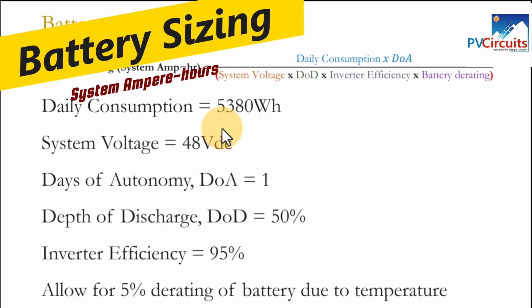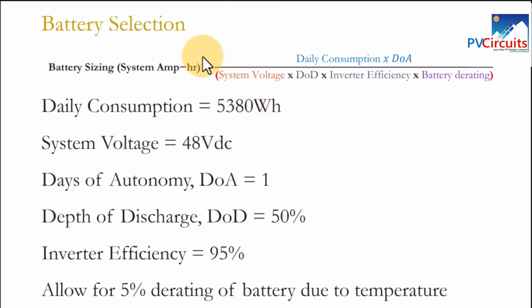The battery sizing, the system ampere hours, is governed by this equation here, which is daily consumption times days of autonomy divided by the system voltage times the depth of discharge times inverter efficiency times battery derating. Now we already know our daily consumption.